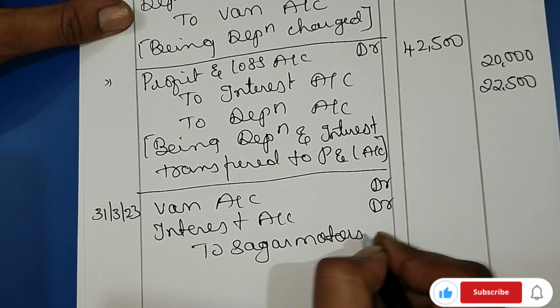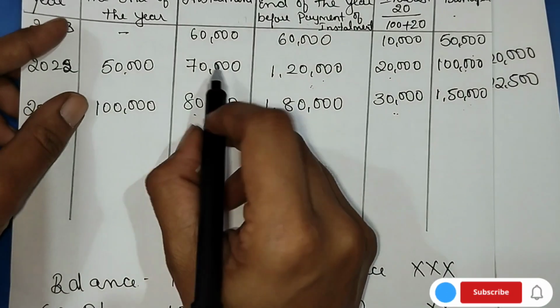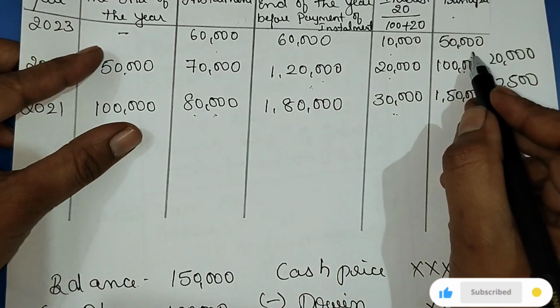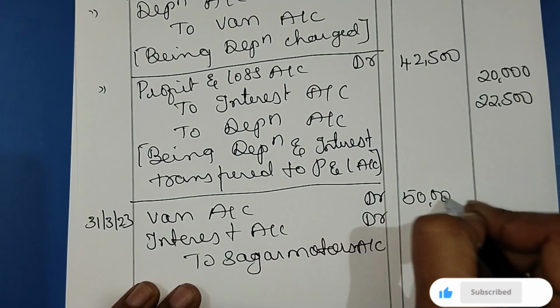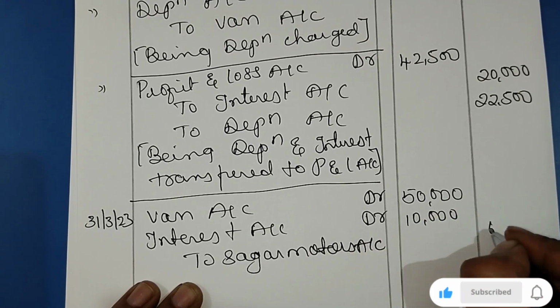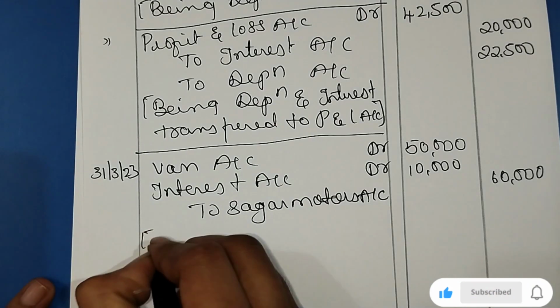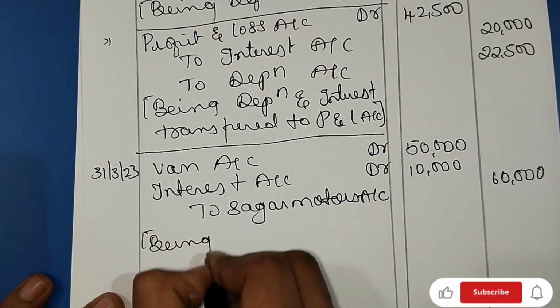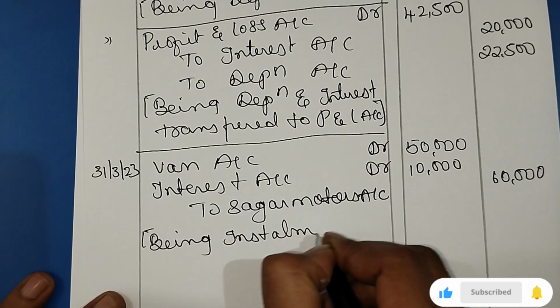What is the amount? 60 minus 10, 50. 50,000 is principal amount, 10,000 is interest, and total installment is 60,000, being installment due.